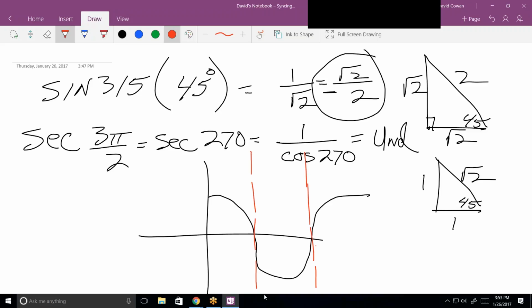And that spot is 270 degrees right there. And the secant, remember, sits on the tops and bottoms of the cosine curve. So you can see that at 270, that thing's headed towards negative infinity, which is what undefined means. Undefined means either positive infinity or negative infinity.